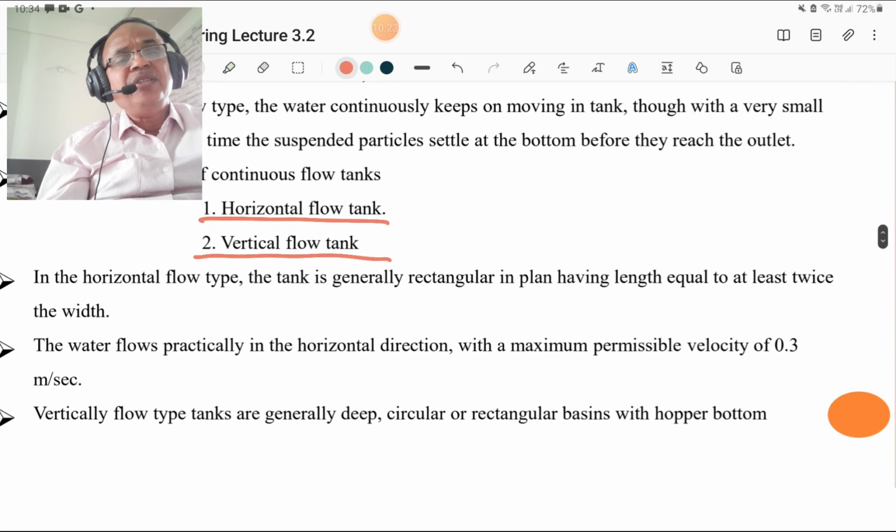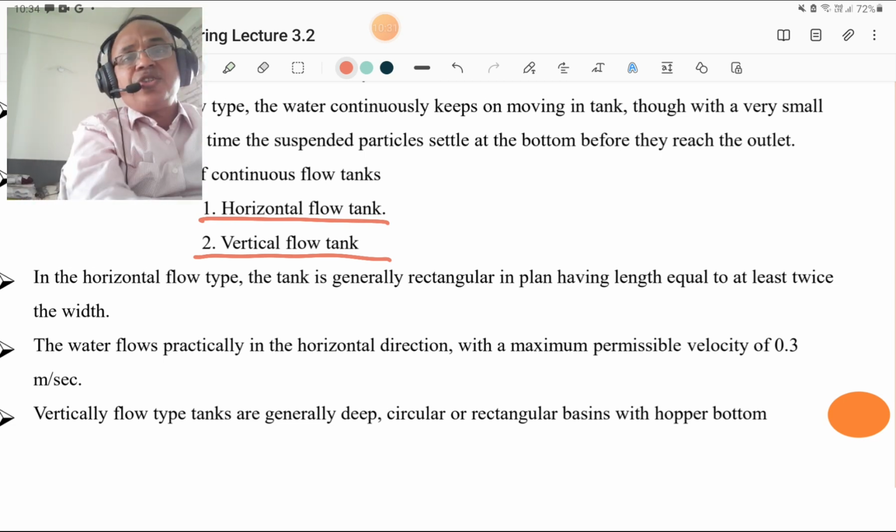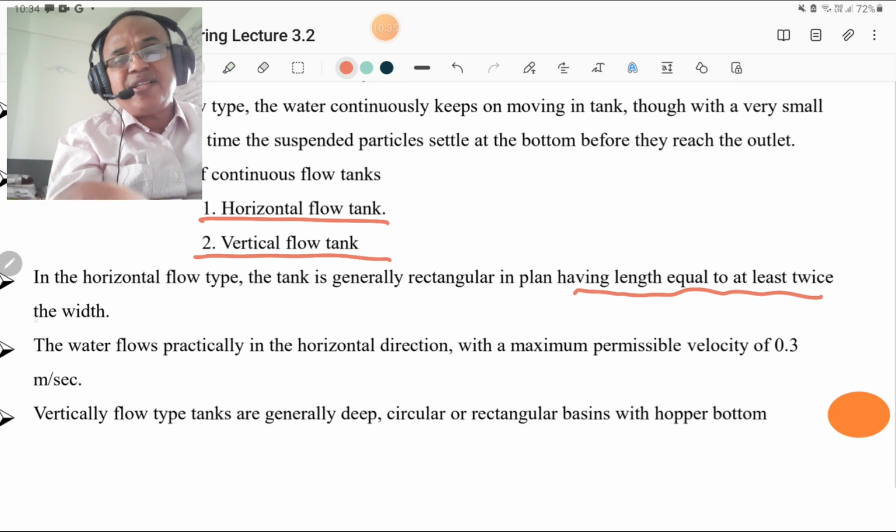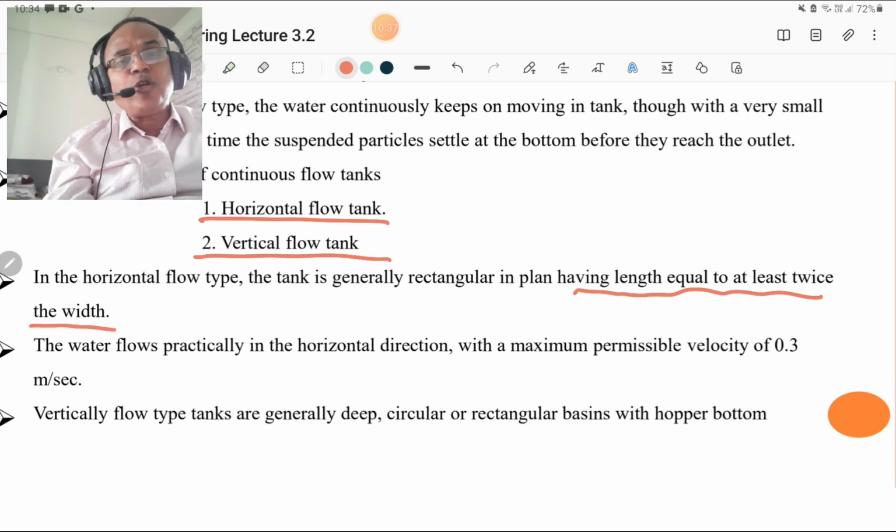In horizontal flow type, the tank is generally rectangular, having a length at least equal to twice the width. That is very important. Such questions are asked in MCQs. What is the length and breadth ratio in a horizontal flow type of sedimentation tank? You must know that the length of such a tank is at least twice its width.